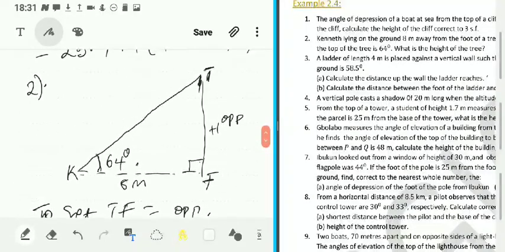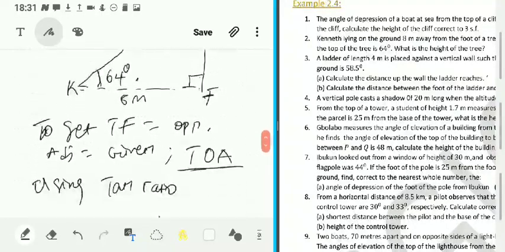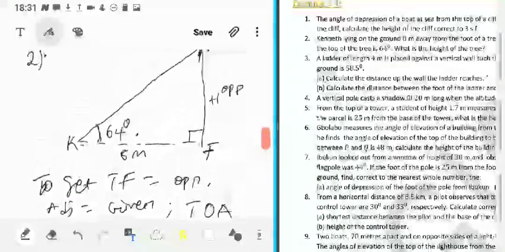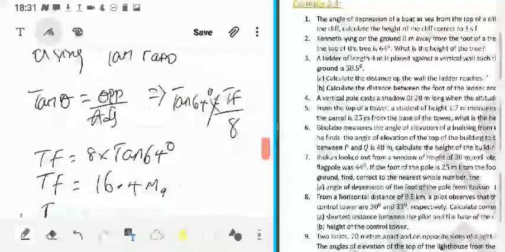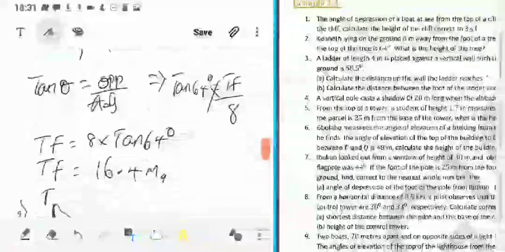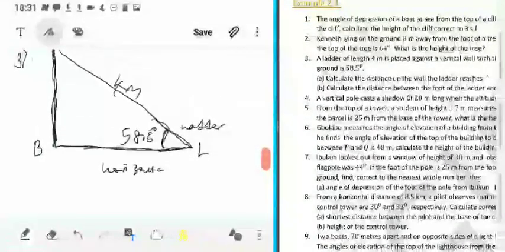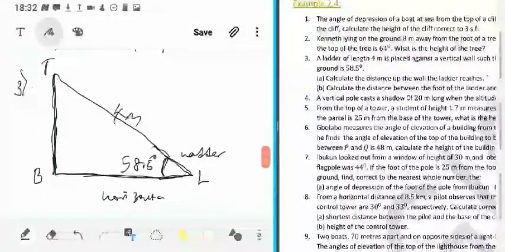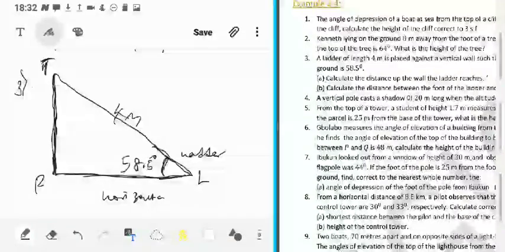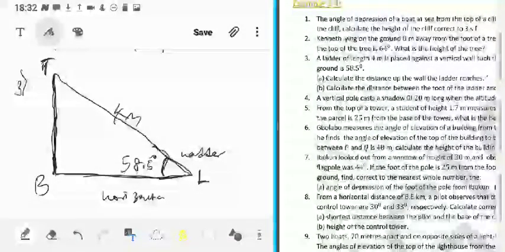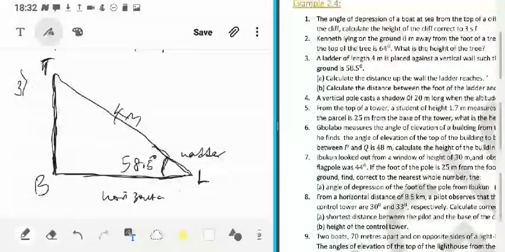Now back to this. So this is the top of the wall where the ladder reaches. This is the bottom of the wall, I'm using B to represent that. And this is L, the foot of the ladder. We're told to calculate how high the ladder reaches up the wall. So what is this height?